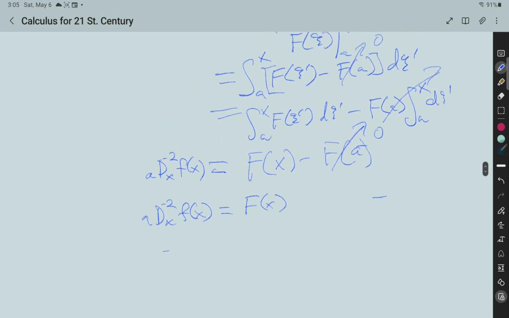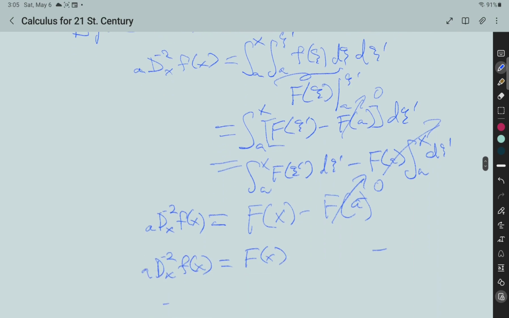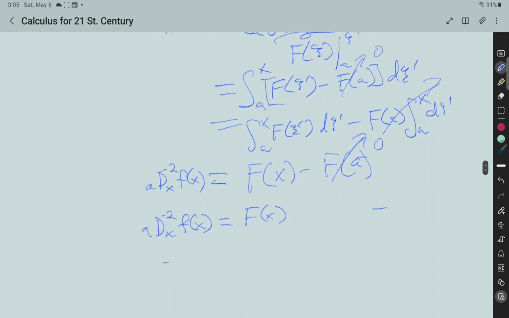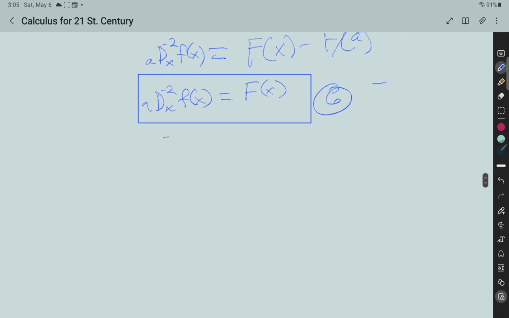Okay, so what equation is this? Equation 6. Okay, so the next property is going to be, suppose you have a d raised to the p power on some f of x.